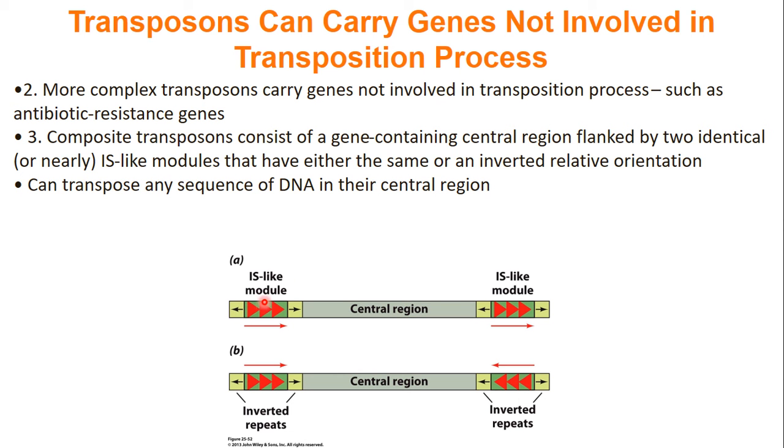And they'll have either the same or inverted orientation. With these transposons, you can transport any sequence in the center region. So it doesn't matter what's in here, you can transport it to some other part of the genome.